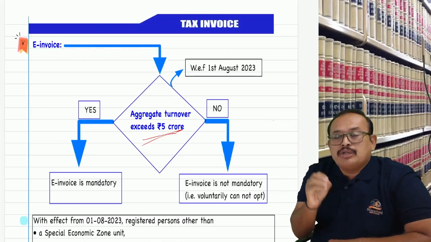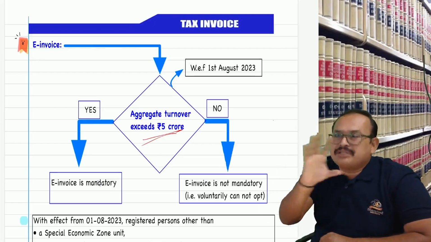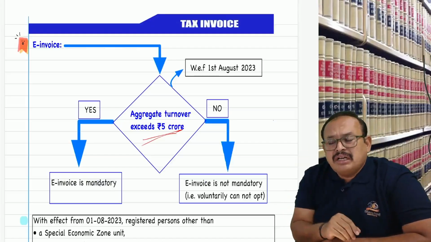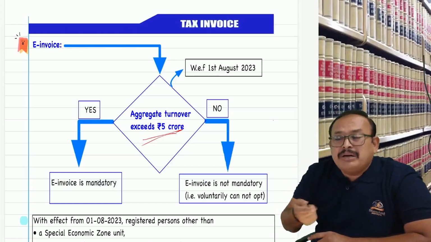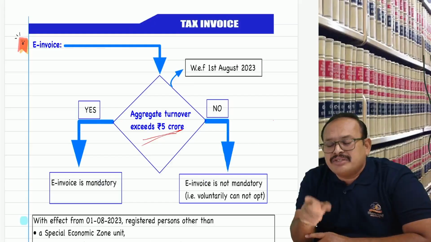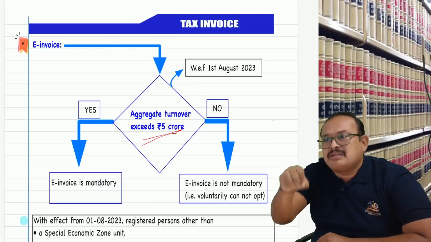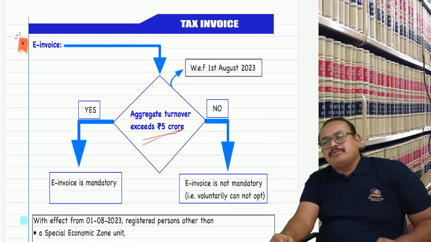For example, 20 lakhs worth of goods or services supplied with GST at 18%, that is 3 lakh 60,000. If instead of issuing the e-invoice, which is mandatory for me, I issued a tax invoice, the buyer is not eligible to claim ITC. This question was asked in the CA final examinations a couple of months before.